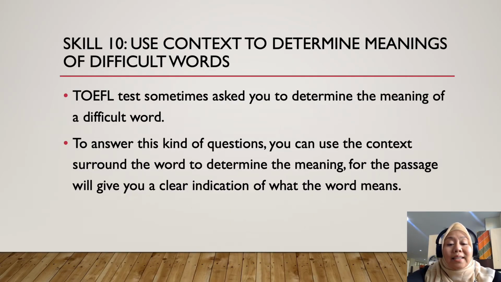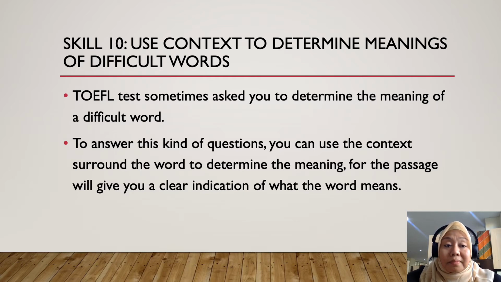All right, now let's take a look at skill 10, which is using context to determine meanings of difficult words. Sometimes you will find some difficult words in the passage, and actually you can try to find the meaning of these words by looking at the context in which the word is placed.